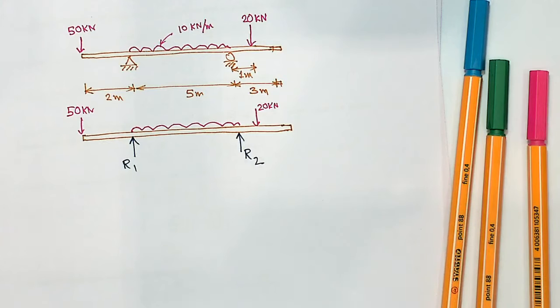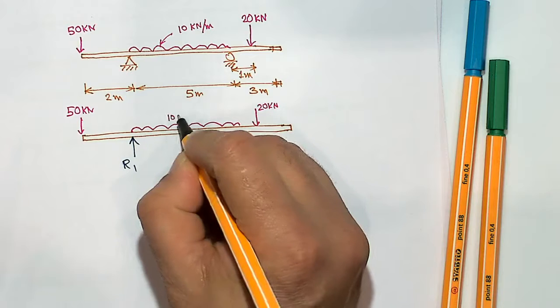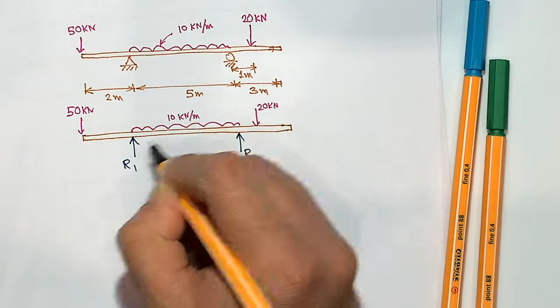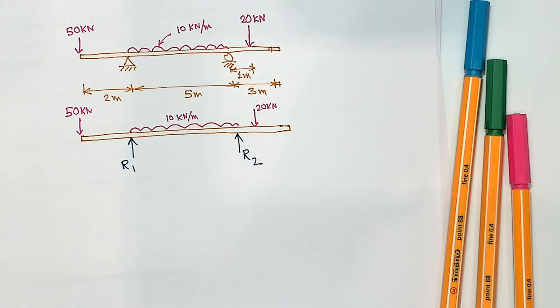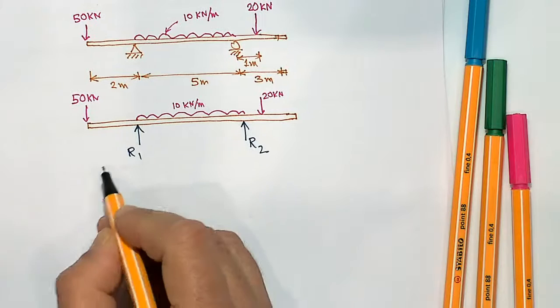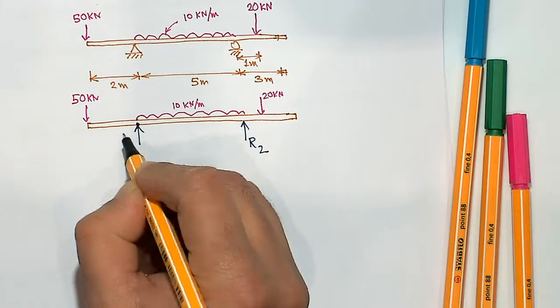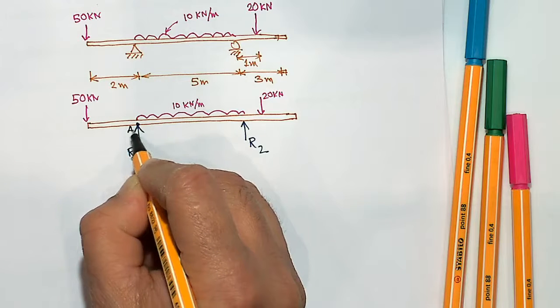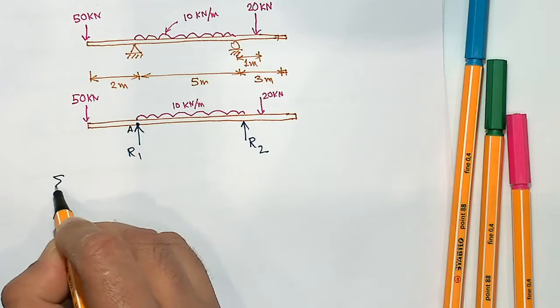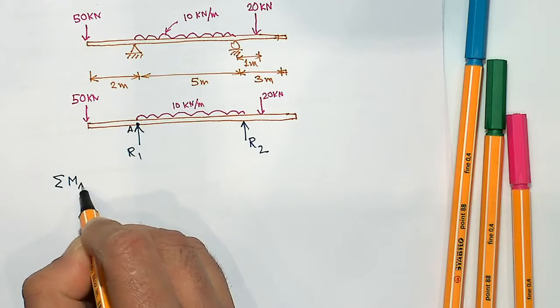So how do I find these two reaction forces? So first step, I need to find these reaction forces. How do I find that? Moment. So I can take a moment about this point. Let's say this point is point A. So I take a moment about point A and set it to 0.